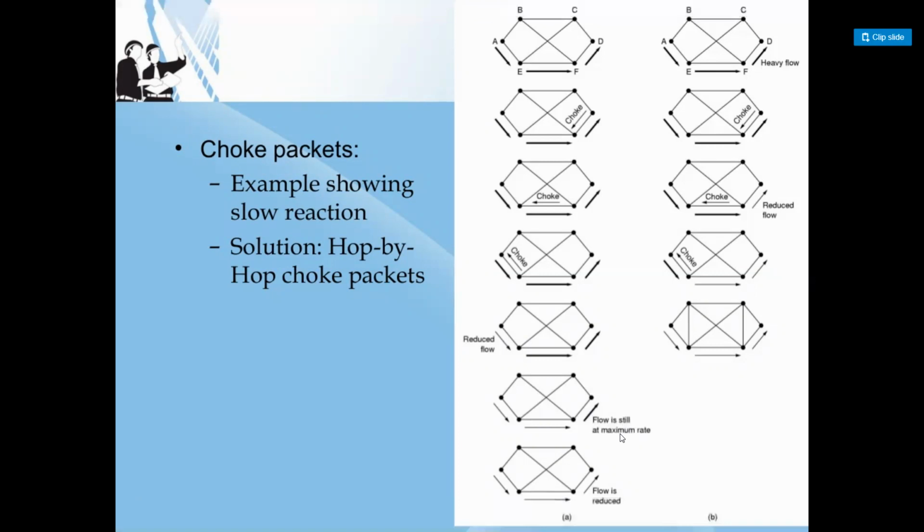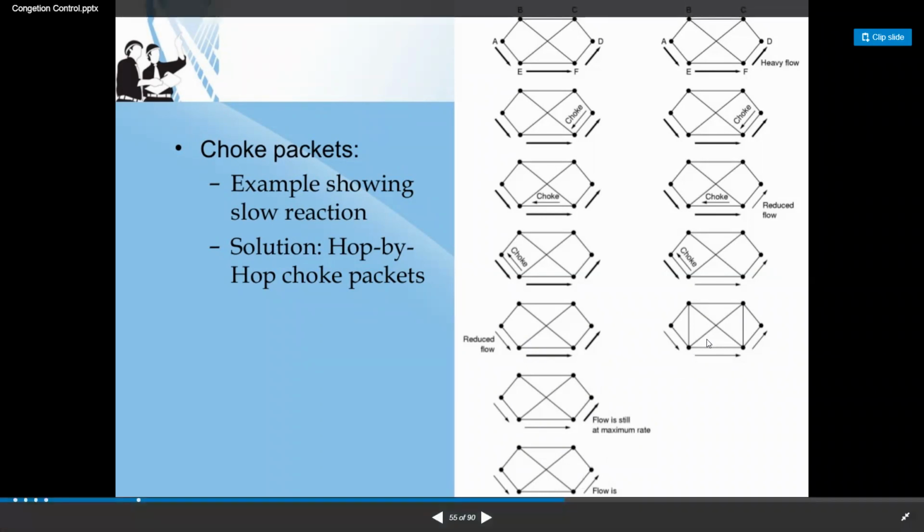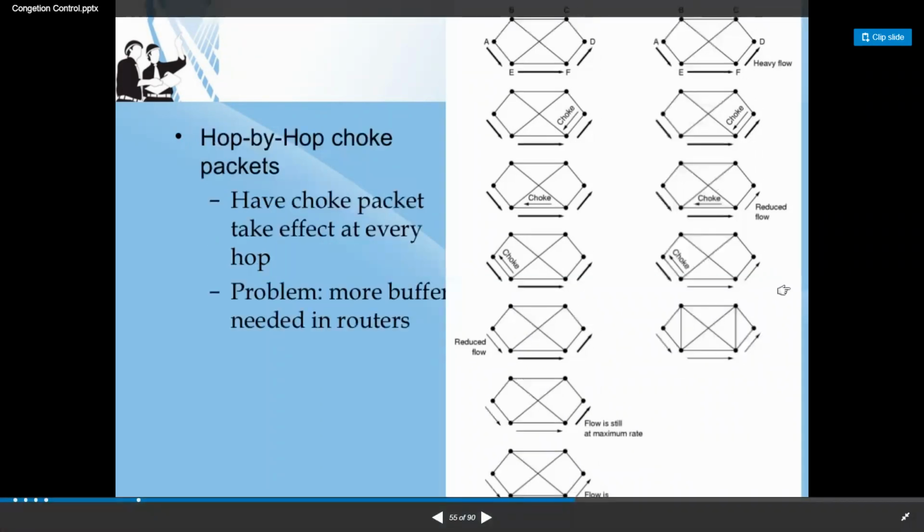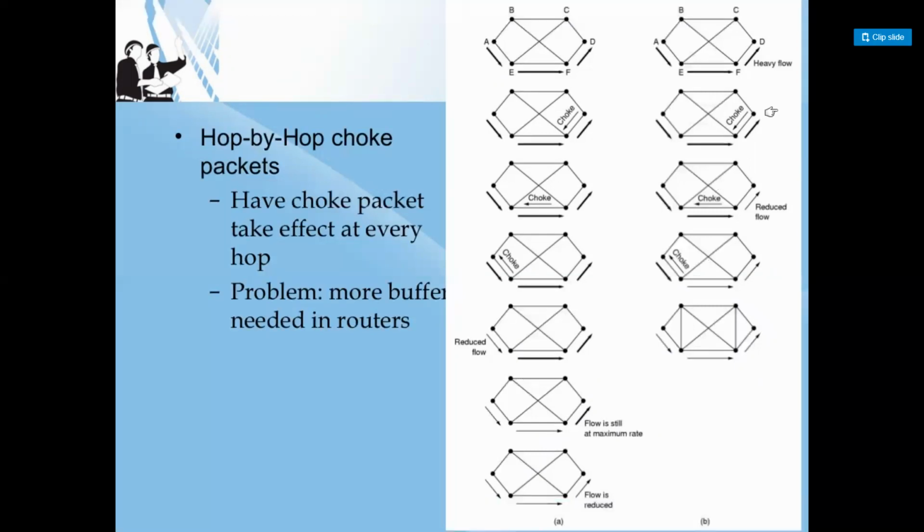After getting the choke packet, the sender slows down its transmission. Still the flow is at maximum rate. Again, what will they do? The flow is reduced again.